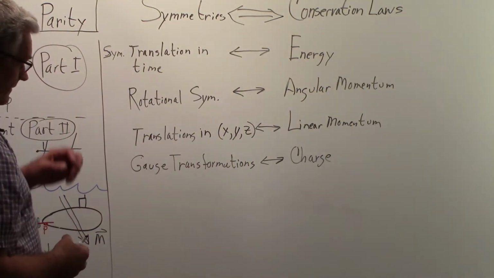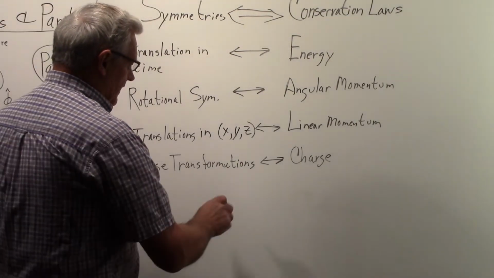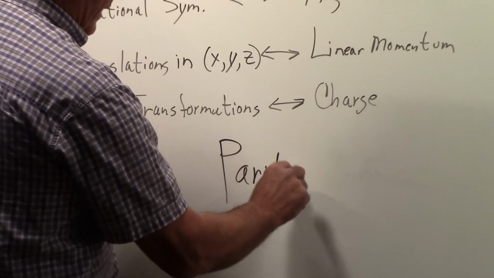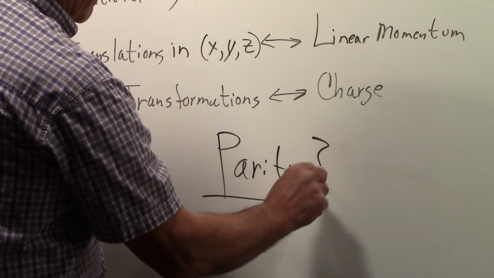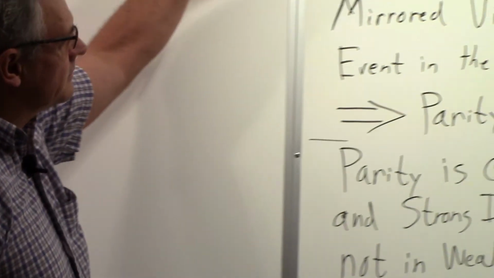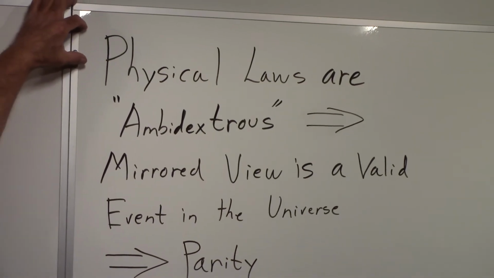Now the question comes about, is parity conserved? And what is parity? That's where we're heading now. And to do that, we'll point out that physical laws are ambidextrous.